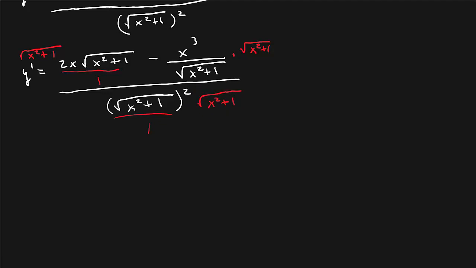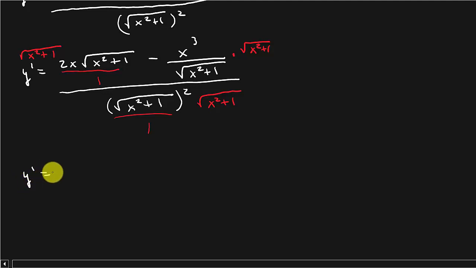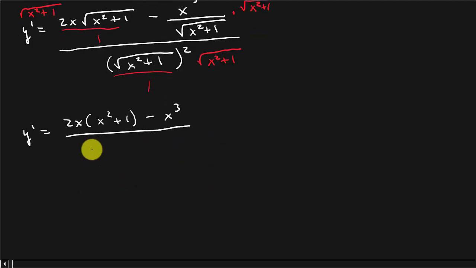All right. And so I get y prime. That is going to be 2x times x squared plus 1. So that's 2x square root times square root. That's just going to leave me with x squared plus 1 minus x cubed. And that is going to be over x squared plus 1 times the square root of x squared plus 1.